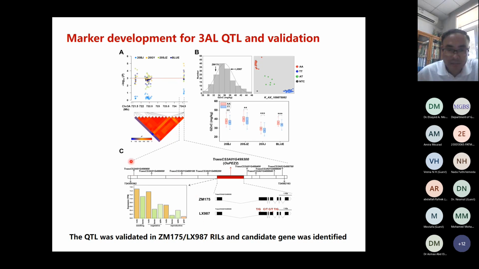In this region there are nine genes, and only OsPEZ2 is polymorphic between the two parents. The marker data also showed this gene significantly associated with the trait in four environments. So this 3A gene must be the candidate, and we are working on functional validation right now.